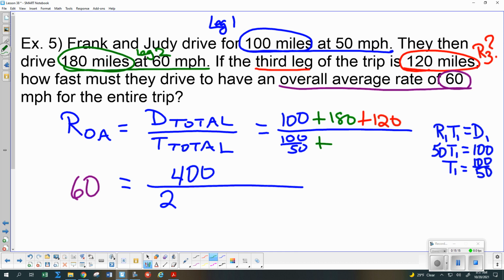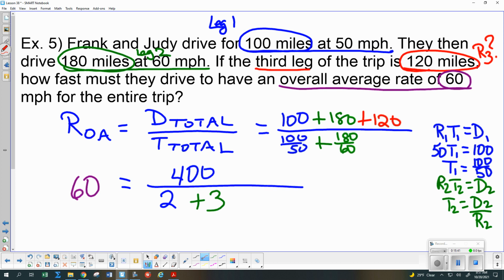Then I could do the same thing with the second leg. So the time on that one would have to be that distance divided by that rate, which was 180 divided by 60, which is how much? Okay, now the hard one.